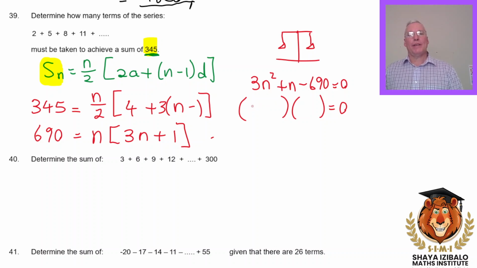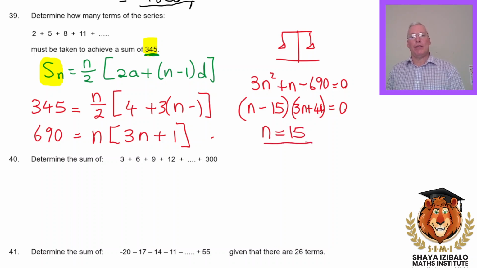In fact, if we go n minus 15 and 3n plus 44, we'll see that this comes out right. I did use the quadratic formula off to the side, and I hope you're okay with using it. We get an answer of n equals 15. So 15 terms is how many we would need to add up to make a sum of 345.